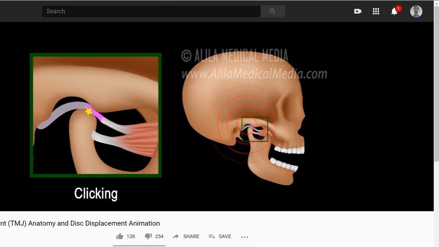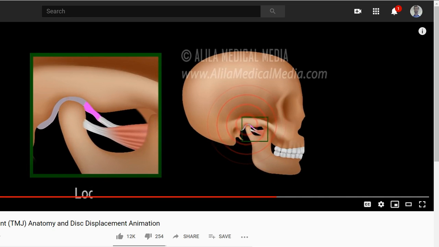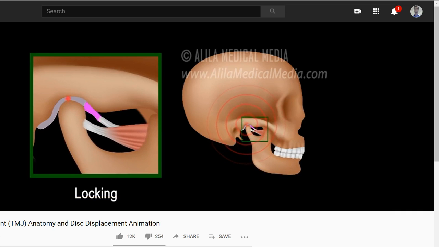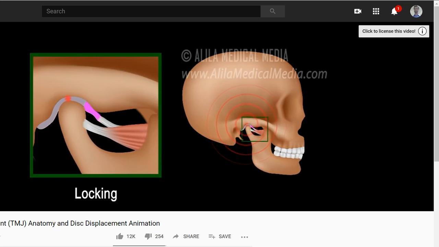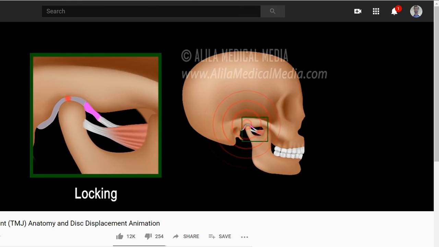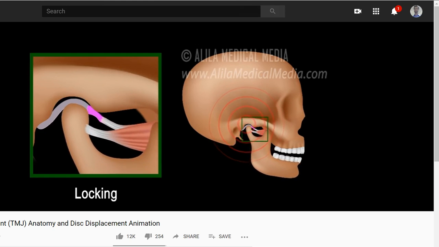Upon closing, the condyle slides back out of the disc, hence another click or pop. This condition is called disc displacement with reduction. Disc dislocation: the condyle stays behind the disc all the time, unable to get back onto the disc. The clicking sound disappears, but mouth opening is limited. This is usually the most symptomatic stage. The jaw is said to be locked as it is unable to open wide.